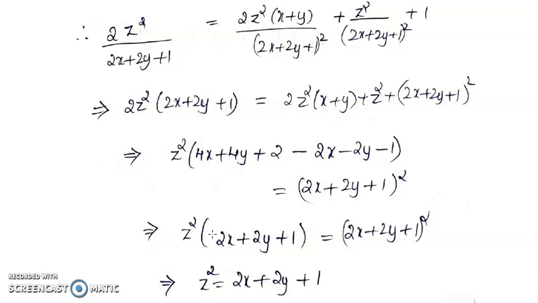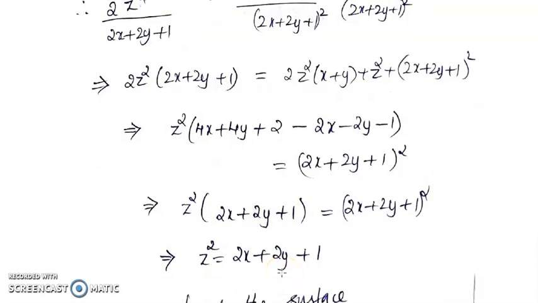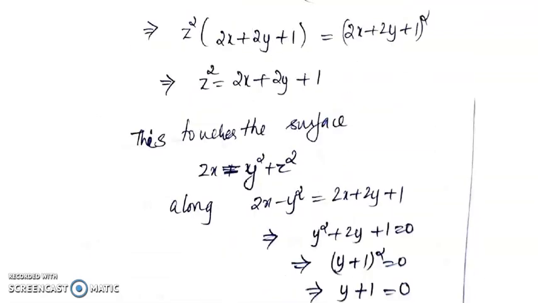So that gives z square into 2x plus 2y plus 1 equal to 2x plus 2y plus 1 whole square. So this will cancel off. That will give z square equal to 2x plus 2y plus 1. So our envelope is z square equal to 2x plus 2y plus 1.